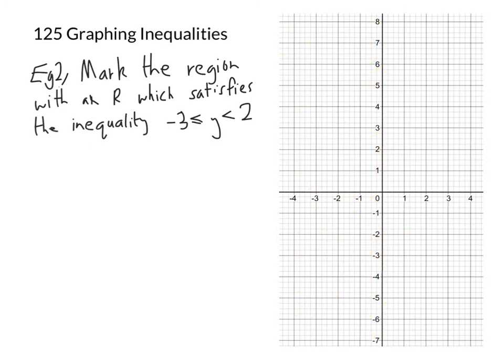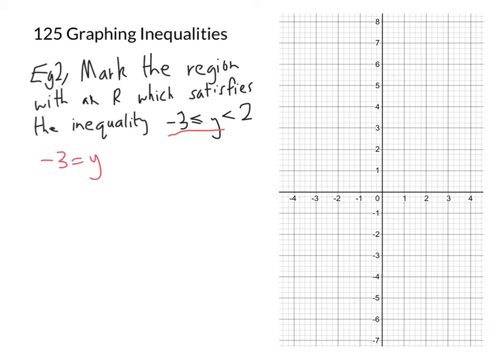Example 2. Mark the region with an R which satisfies the inequality minus 3 is less than or equal to y, and y is less than 2. If we split it up into separate inequalities, the first one is minus 3 is less than or equal to y. The boundary line would be where minus 3 is equal to y, or y equals minus 3.